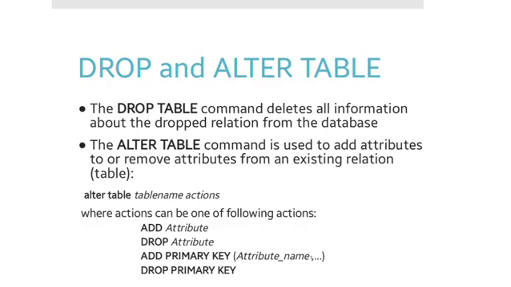The syntax is alter table, table name, add column name, data type. So let us consider an example. If the student table is already created without an email column, we can include it by giving the query alter table student add email varchar of 50.